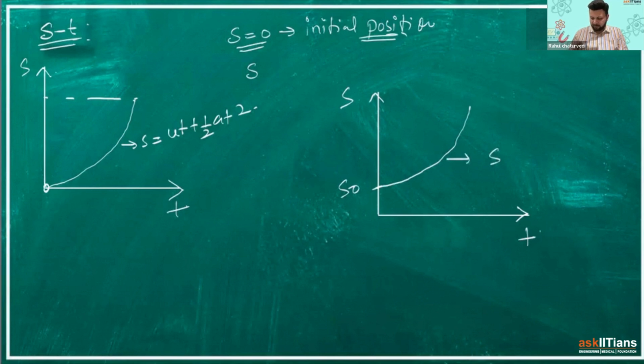So the graph will be S is equal to S naught plus ut plus half at square. You can use this relation.